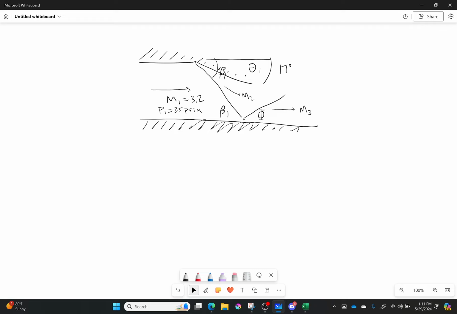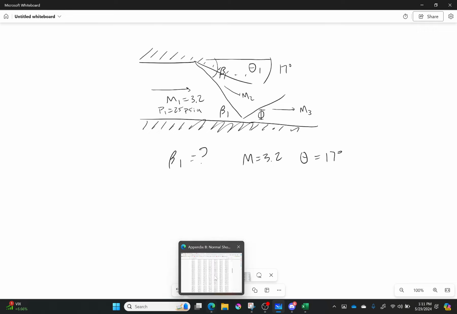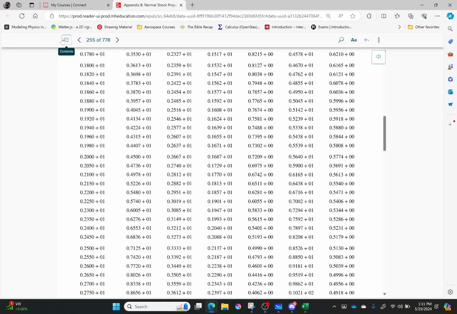So let's begin. First thing we're going to have to do is figure out what is beta 1. Okay, what is beta 1 equal to? Question mark. That's for a Mach number that's equal to 3.2, and that's for theta that's equal to 17 degrees. So let's bring in our handy dandy tool, which is to go to that theta beta Mach diagram. So I know where it is now.